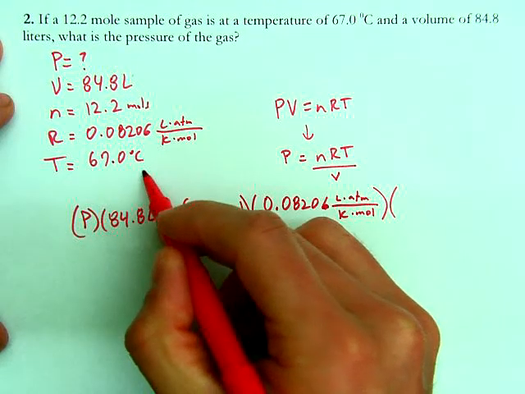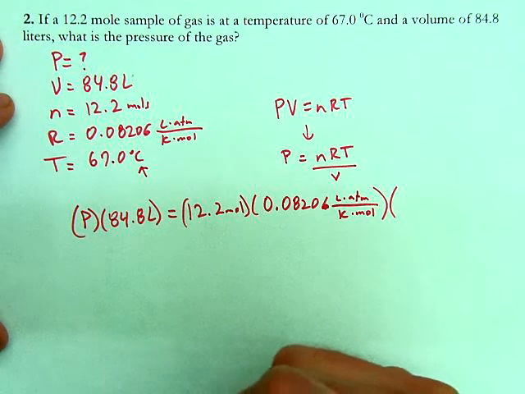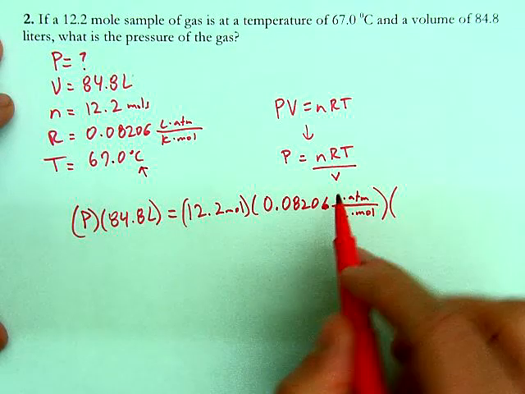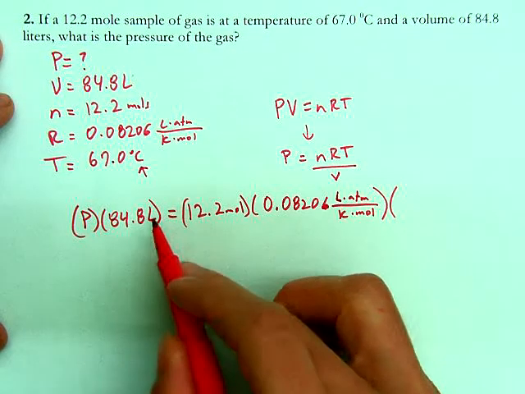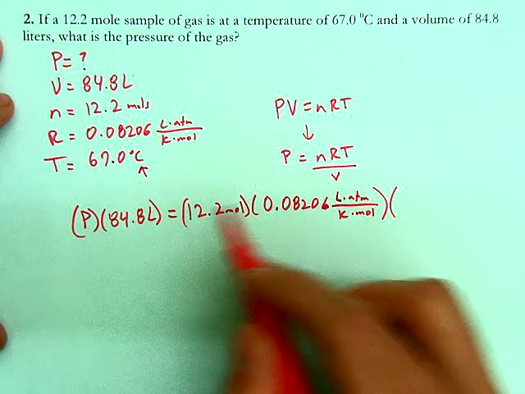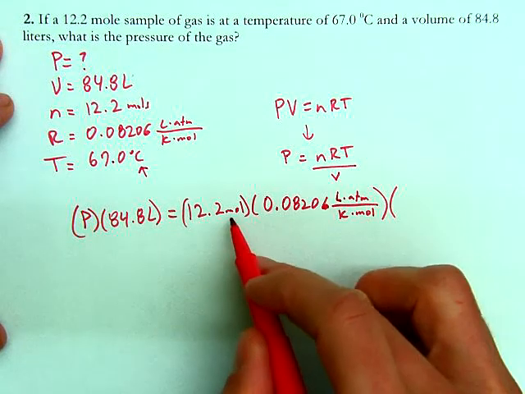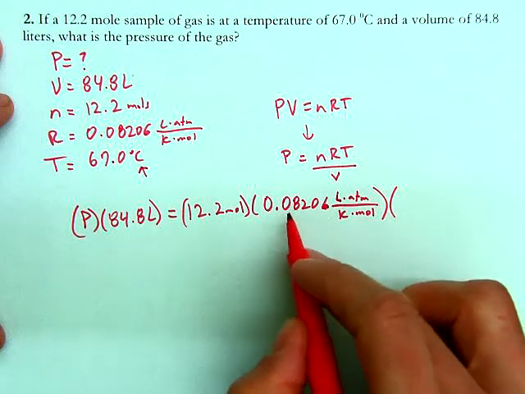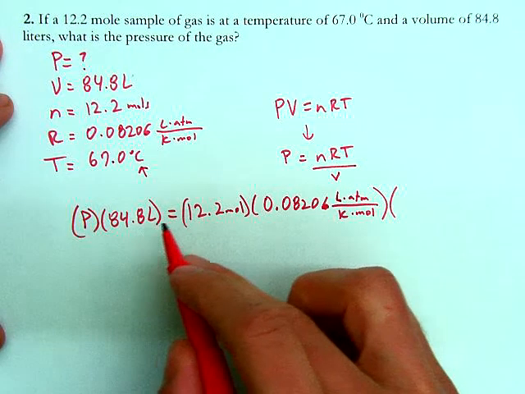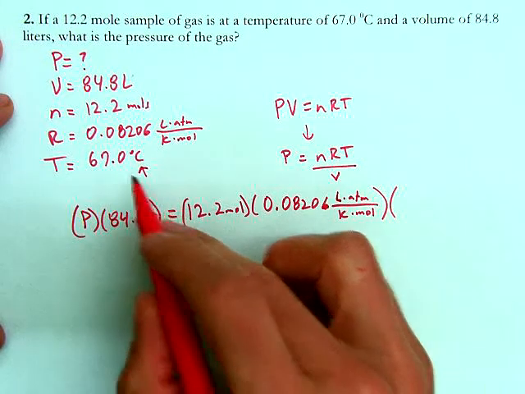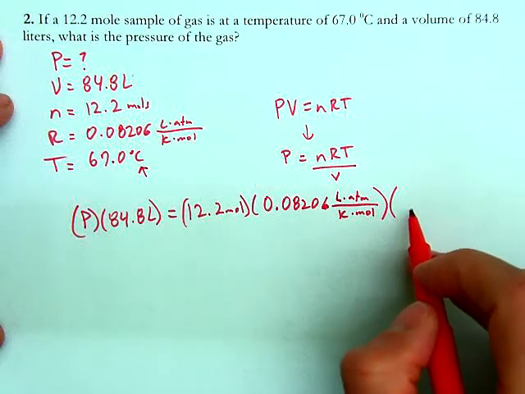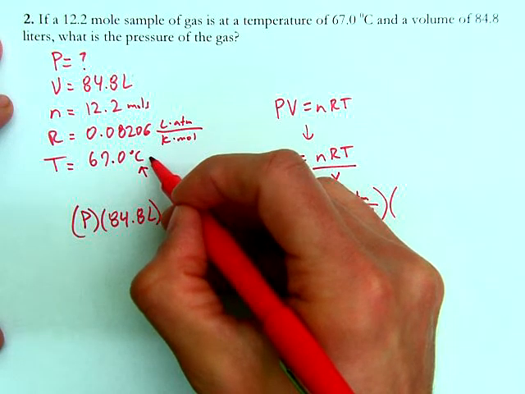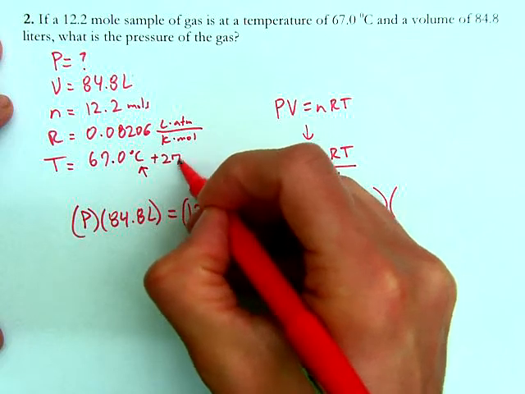Now, notice this. Temperature is in Celsius. Look at the units of R. L, that's volume, is in liters. Our volume is in liters. That's good. Mole for amount, mole for amount. The temperature unit is Kelvin. So if we're going to use R, all of the other measurements have to have corresponding units. So we can't put Celsius into this equation. We're going to turn this into Kelvin by adding 273 to it.